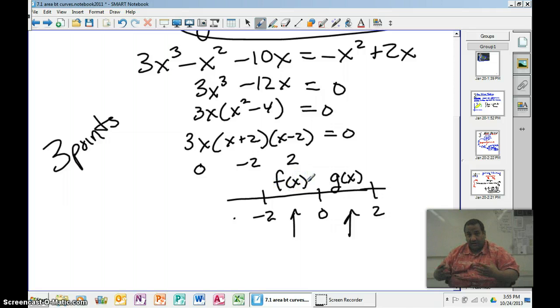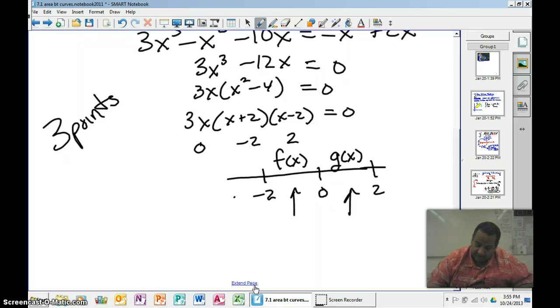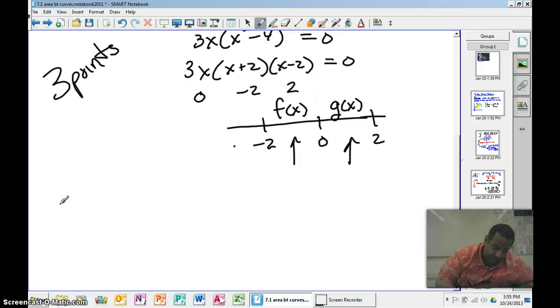So we're going to need to take the two integrals and put them together, because from -2 to 0, f of x is the greater one, and from 0 to 2, g of x is the greater one. So let's see if I can do that. We're going from -2 to 0, and that's the f of x minus the g of x.